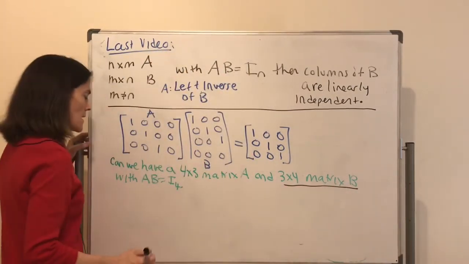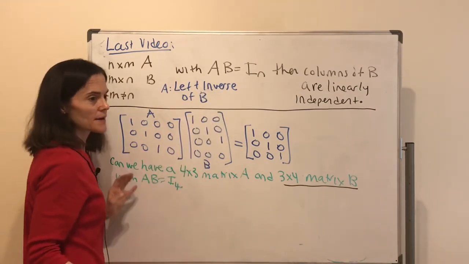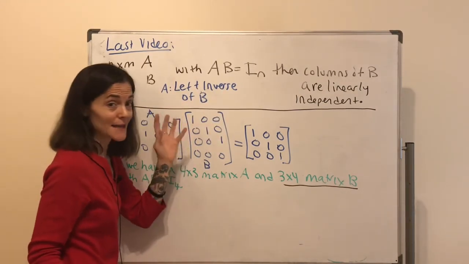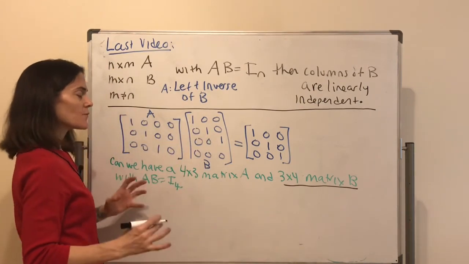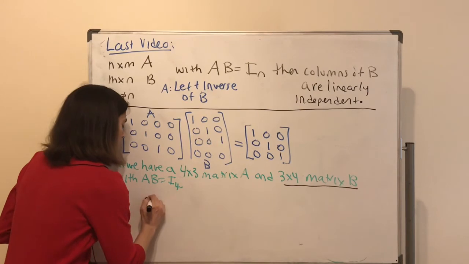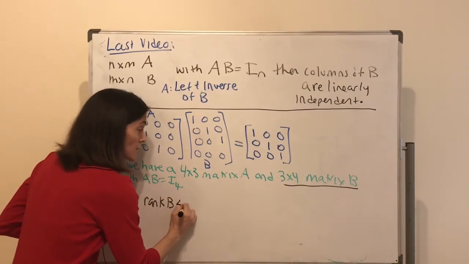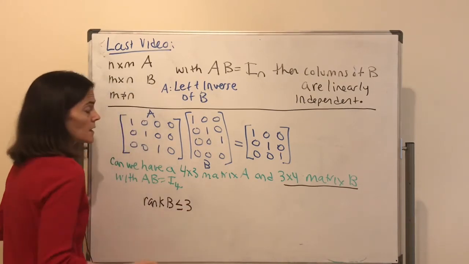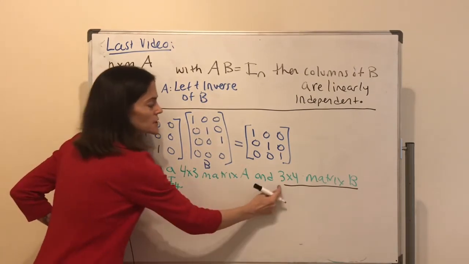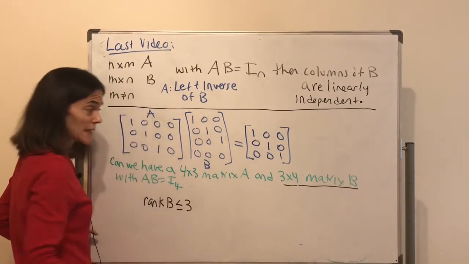Well, let's look at the matrix B. First of all, I'm going to use this, but then also I'll think about it without this exercise that we proved. If we look at the matrix B, we know that the rank of B is less than or equal to 3 because, as I mentioned, you take the smaller of these two numbers and that's the maximum the rank can be.